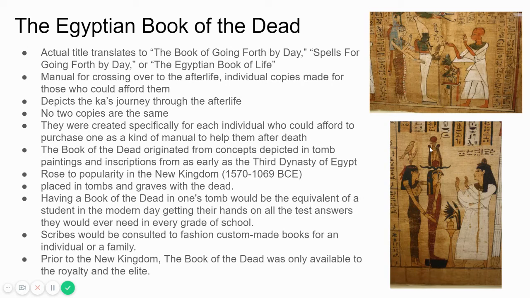And basically having one of these was kind of equivalent to having the answers to the SAT exam. It was like your cheat sheet, so that you knew exactly how to manage your voyage, and what you needed to do in order to ensure crossing over into the afterlife.